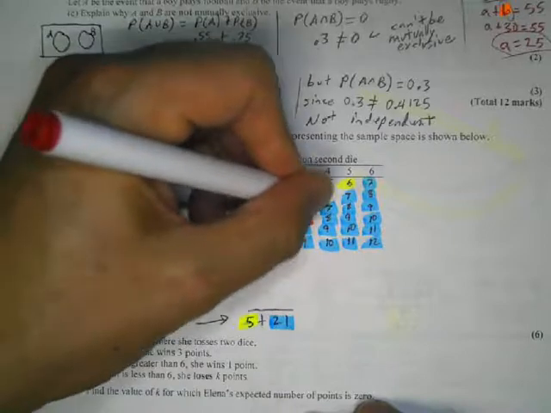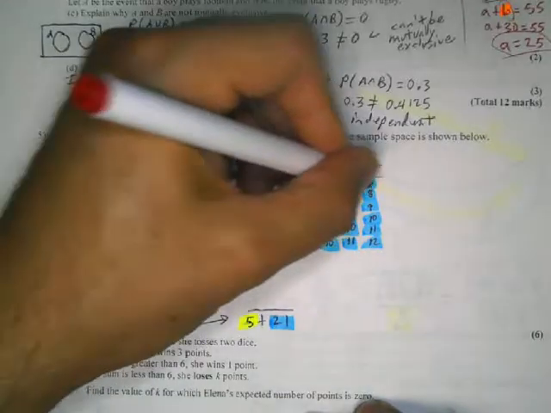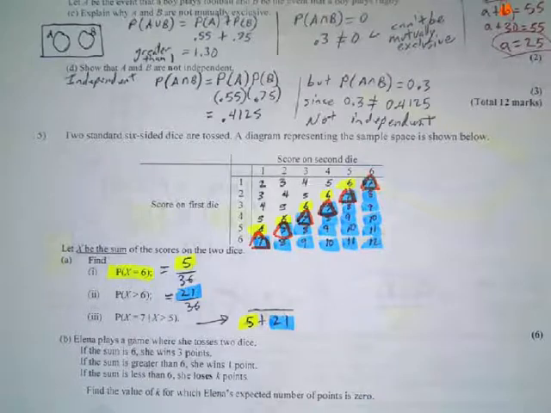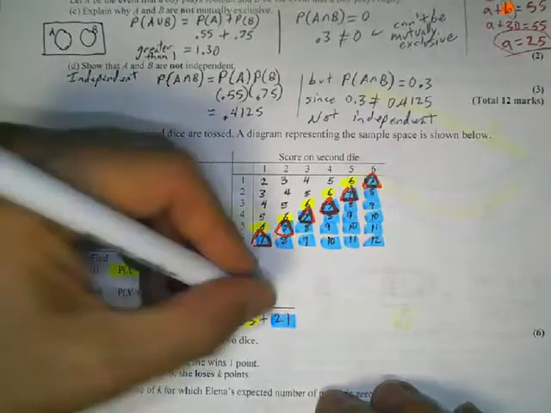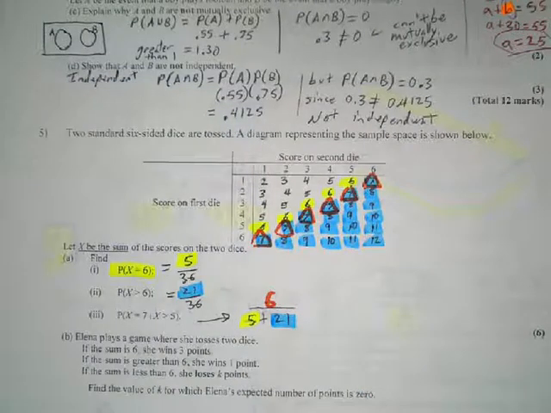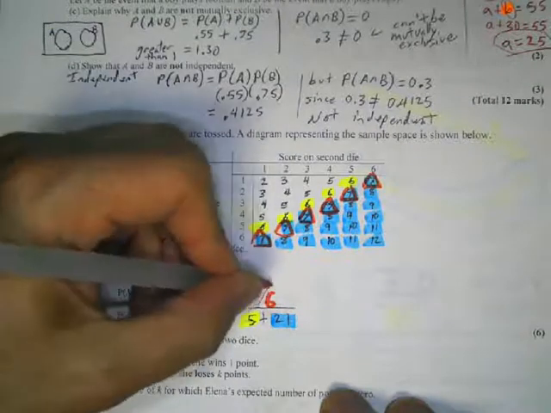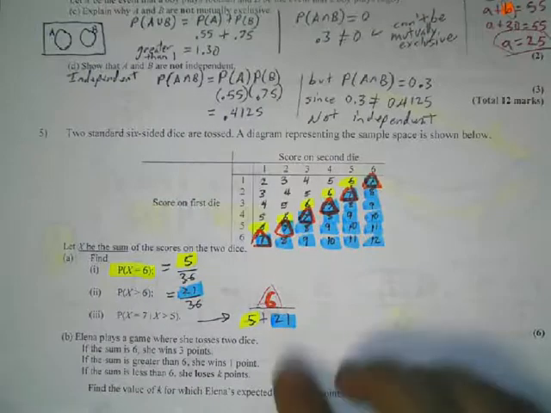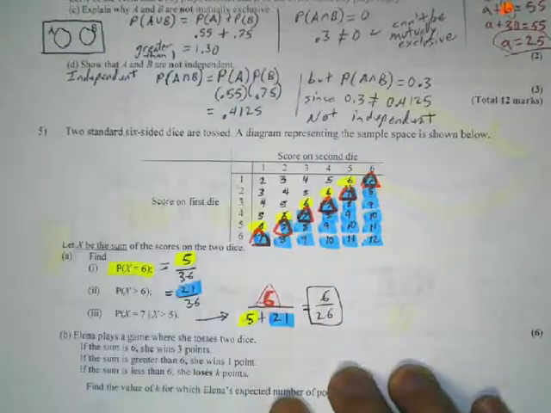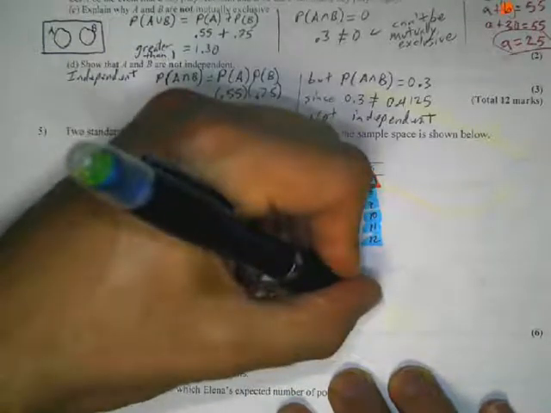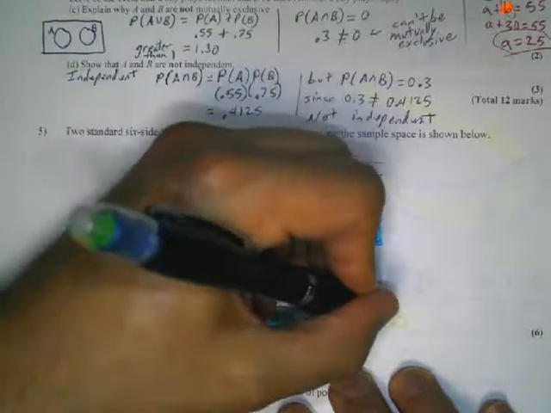So I'm putting triangles around all the ones that equal 7. How many triangles are there? 1, 2, 3, 4, 5, 6. Okay, so there's 6 triangles. And so we end up with 6 over 26, which is a fine answer. And if you simplified it, you would have 3 over 13. Both answers are just fine.